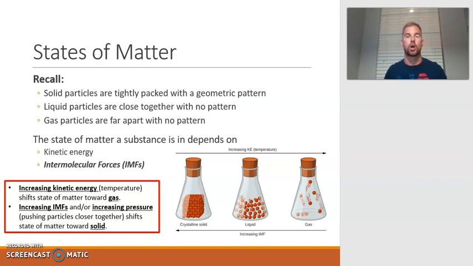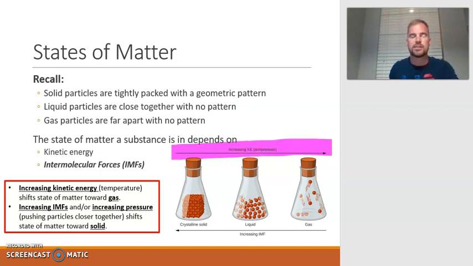When things are hot, the particles are moving faster, and when things are cold, particles are moving slower. So one of the things that dictates the state of matter for a substance is kinetic energy. As we increase kinetic energy, which essentially means increasing temperature, we would expect the states of matter to go from solid to liquid to gas, right?